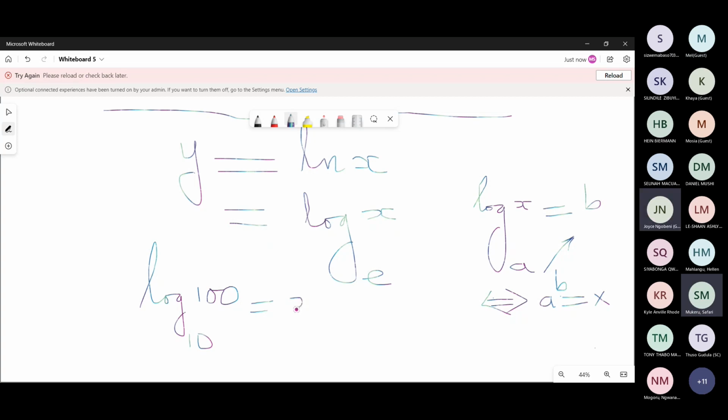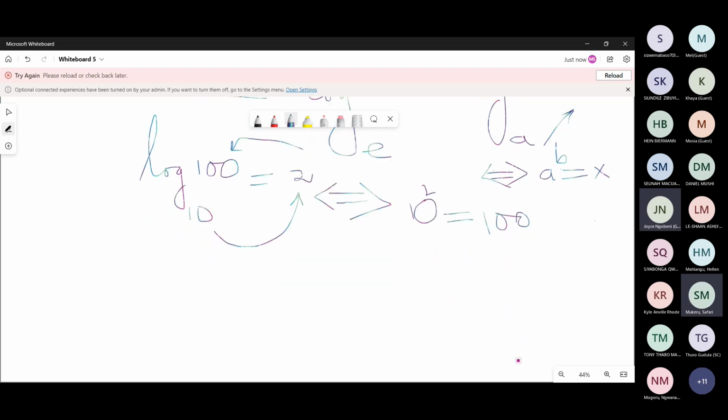Can you explain what it means? It means that 10 to the power of 2 equals 100, right? We discussed this last time.